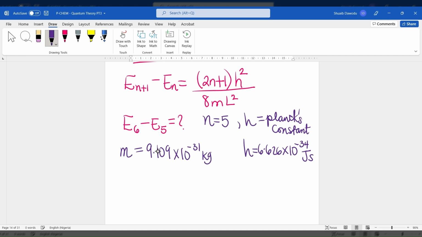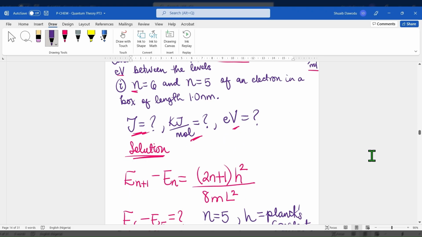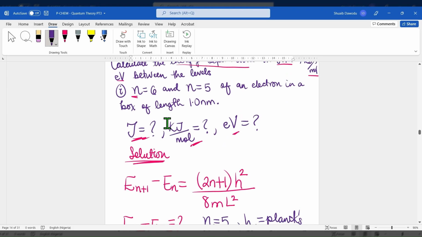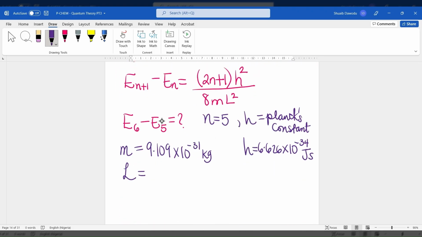Very, very tiny. And then L is simply the length of the container, which is 1.0 nanometers, or 1.0 times 10 raised to the power of negative 9 meters.